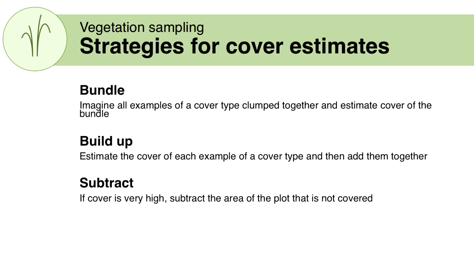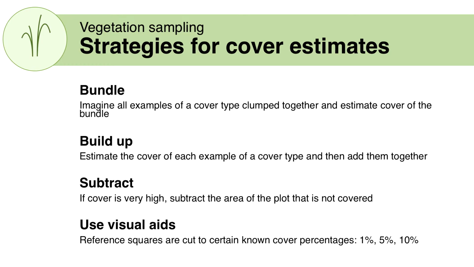We can subtract, the opposite of building up, where we just subtract the areas that are not covered by a cover type. This can be particularly useful if a cover type is really dominant in the plot. And finally, using the visual aids, the reference squares, can help train our eyes and also assist in each of these strategies.